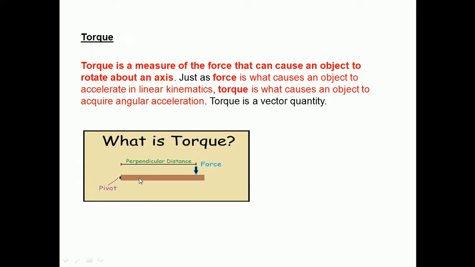So this force will be rotating this particular rod. Just as force causes an object to accelerate in linear kinematics, torque causes an object to acquire angular acceleration. So force will move in one direction, torque will be rotating it. Okay.